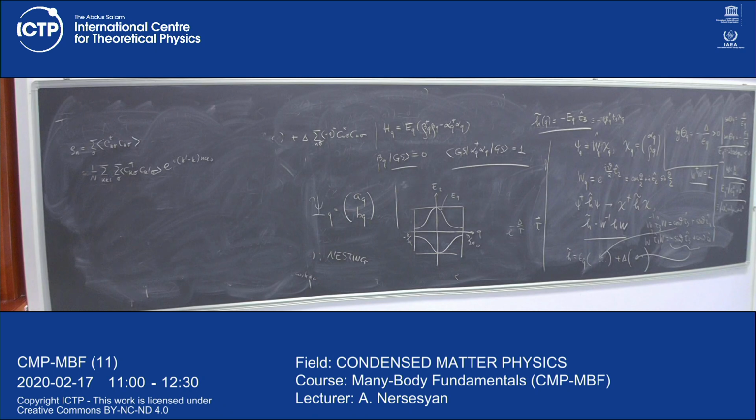What I actually did was expand the standard fermionic operators in real space representation, in other words the linear representation. I went from the linear to the Bloch representation in terms of k and k prime.